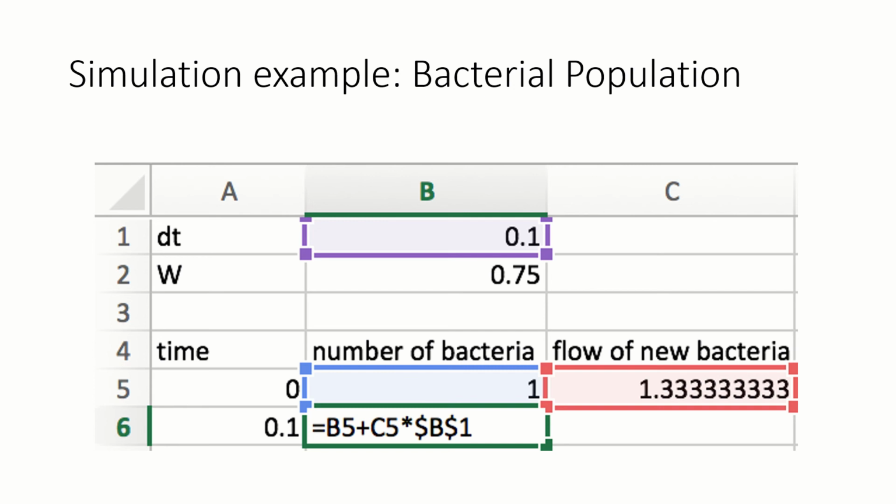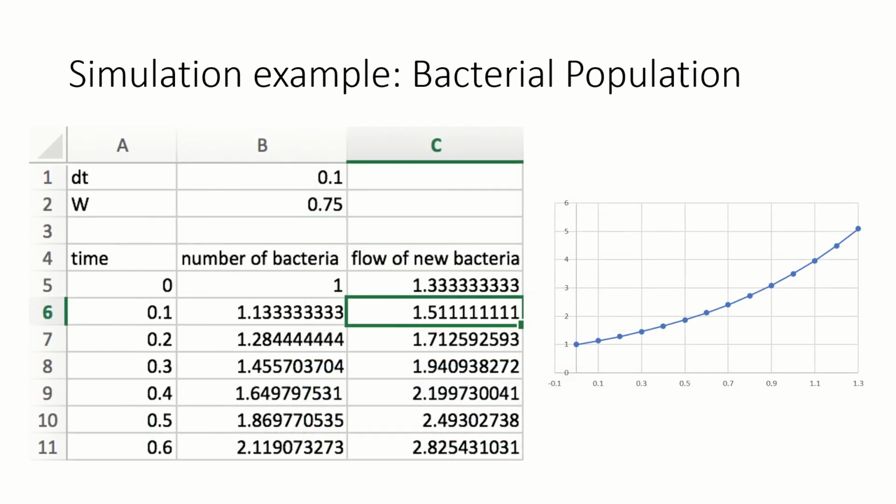And now I have enough that I can simulate the bacterial population. I can just fill those things down, and here's my number of bacteria as they grow, and here is the flow of new bacteria every time step as they grow. You can see the time is moving in steps of DT: 0.1, 0.2, 0.3, and so on. If I plot that, I've got all the way from 0 to 1.3 time units.